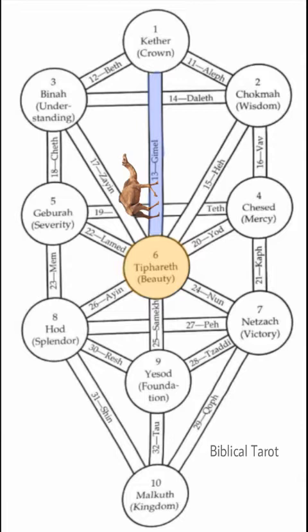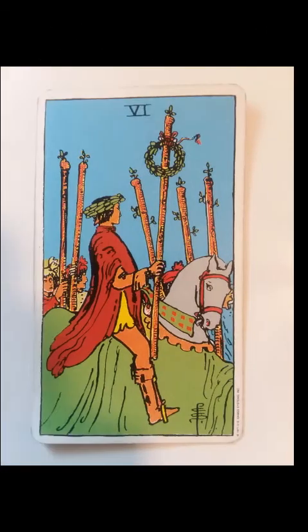And the Hebrew letter Gimel means a camel, you know, the camel in the desert. She is a camel. And that's why we have a camel symbolism in this card that I showed you.